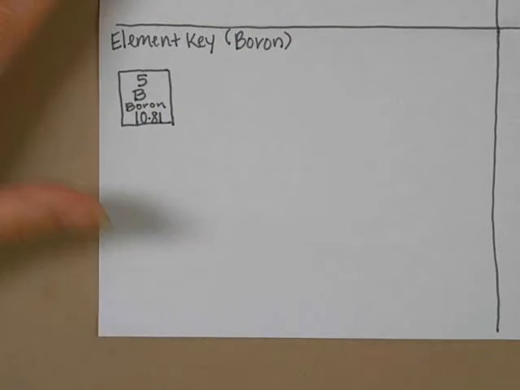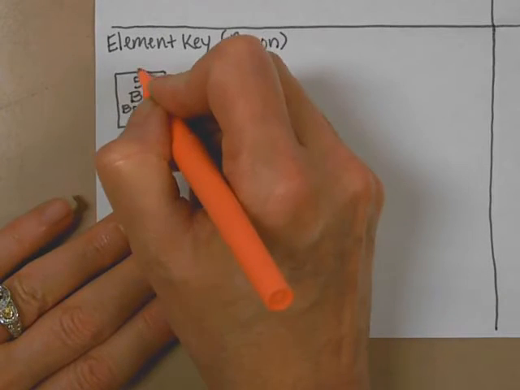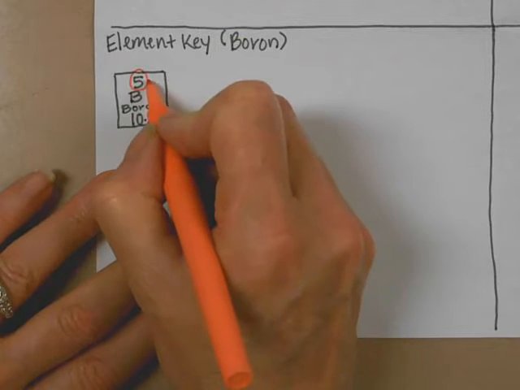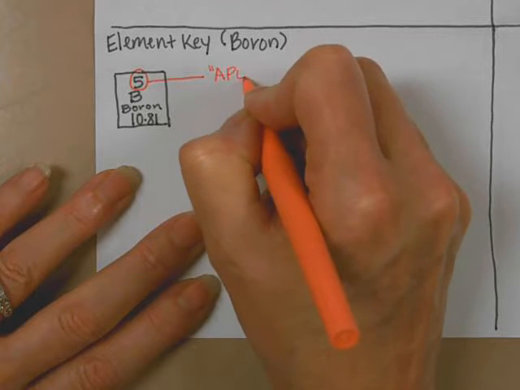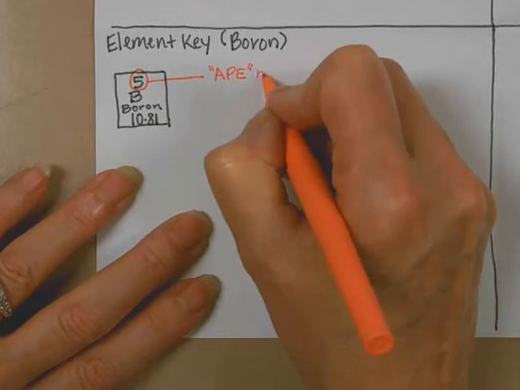So let's label these areas. So this area right here, this is our atomic number.